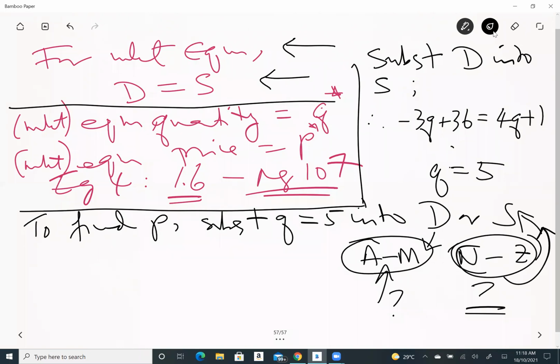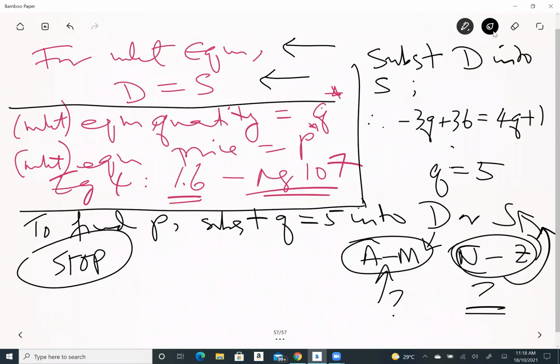So that's good. I think I'm going to stop here because some people have class at 11:30. Next class on Monday, we're going to move on to the second topic. But I need to finish up example number 5. So we will continue a little bit more on market equilibrium.